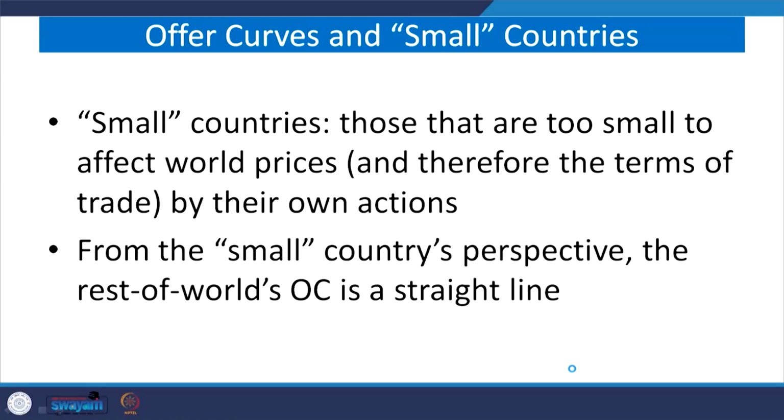Usually a country impacts the world prices through tariffs and certain non-tariff measures. Now, in this context, by small we mean they are capturing the world demand and world supply. So, from the small country's perspective, we are referring to the rest of the world in terms of the offer curve. We are saying that for the rest of the world, the offer curve is a straight line, because we usually take prices as given for different countries.